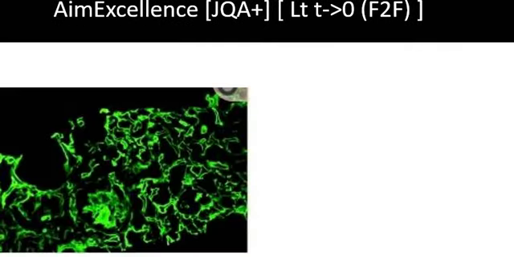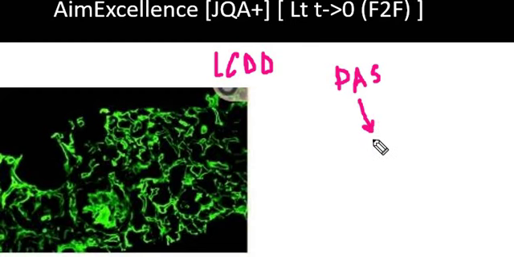We are also showing you another condition which mimics diabetic nephropathy. That is LCDD, light chain deposition disease, and under PAS staining it is going to show similar nodular glomerulosclerosis or Kimmelstiel-Wilson lesion.